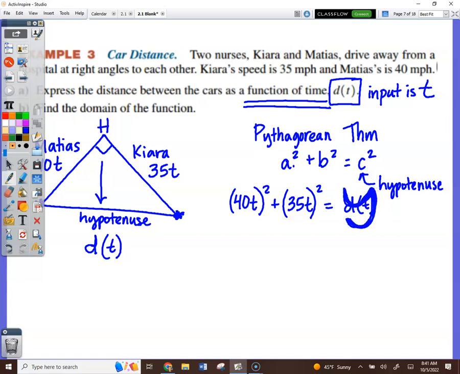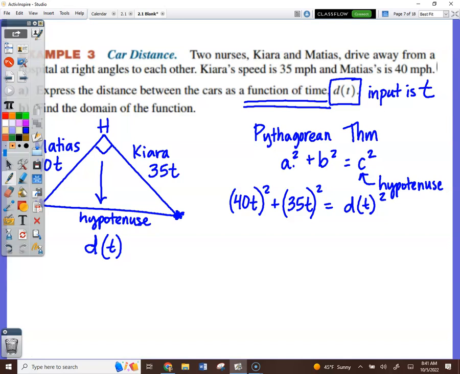So you can just put squared there. It doesn't mean you're squaring the t. It means that this expression, this name, right here is squared. And I'm going to show you what we're going to do with that in just a second. Let's go ahead and evaluate 40 squared and 35 squared.